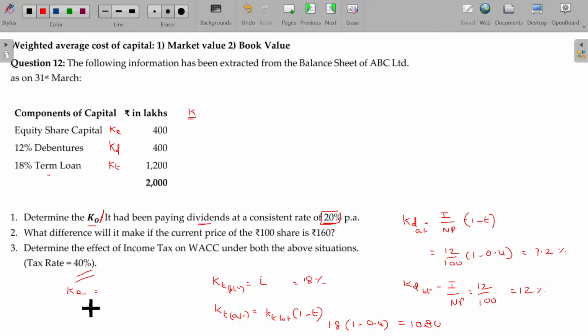If only dividend is given, you can straight away take that one: dividend per share divided by book value of the share. Dividend being 20, book value of the share being 100 from the next information, so 20%. Clear? Cost before tax.